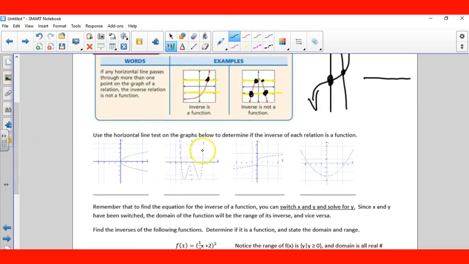Let's use the horizontal line test to determine if these are functions. If I draw a horizontal line right here, it touches once, so this is a function, even if I do it again. I'm going to write function.